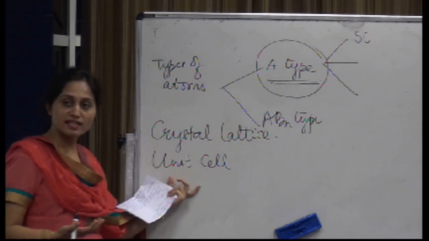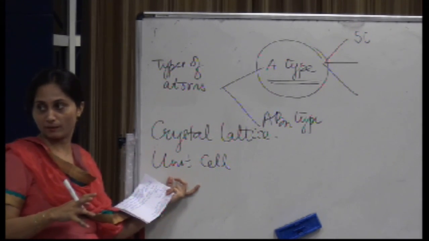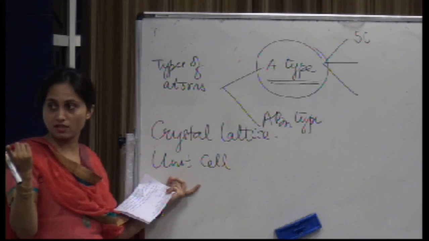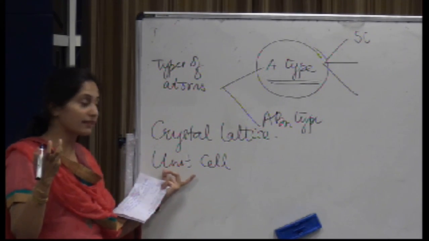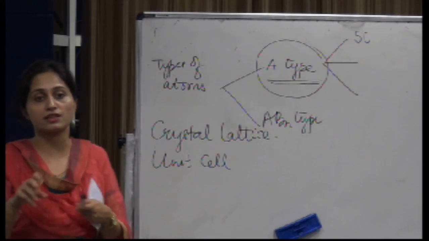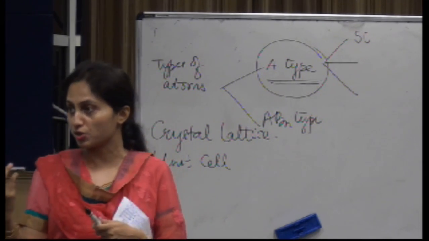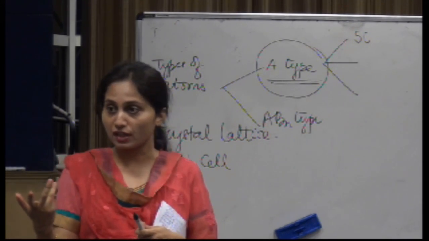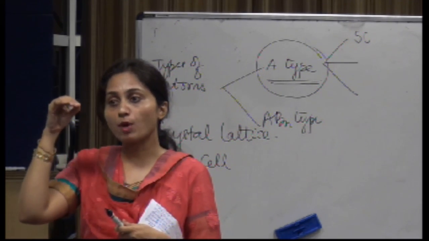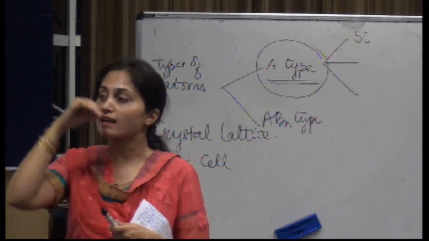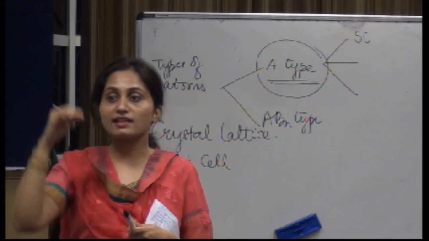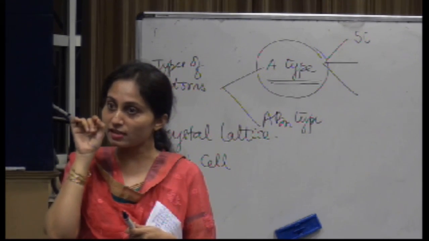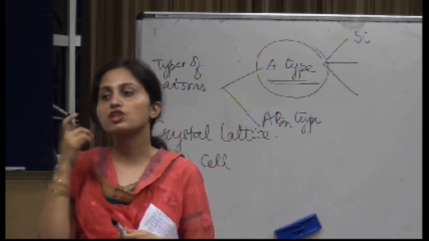तो unit cell में जितनी भी properties होती हैं, they are the ones which will be possessed by the entire crystal lattice. So that is the speciality, and this concept has resulted in the nano world or nanochemistry. I don't know if you've heard of nanoparticles, nanochemistry. All this is because the properties possessed by the entire bulk will be represented by the tiniest particle also, which is called the nanoparticle.